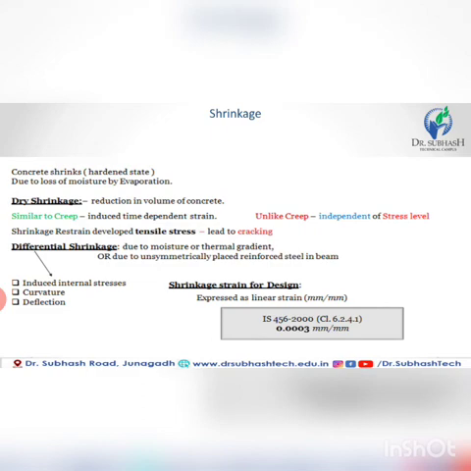Differential shrinkage is due to moisture or thermal gradient or unsymmetrical placement of reinforcing steel in the base. Three effects: it induces internal stress, curvature or deflection. Shrinkage strain for design is expressed as linear strain as per IS 456 clause number 6.2.4.1: 0.0003 mm per mm.